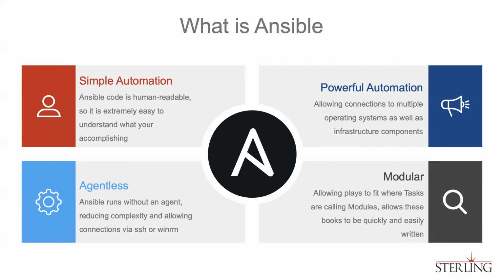Ansible makes it easy by not having an agent and reducing that footprint in terms of solutions running on the machine itself, as well as specific agent ports or things of that nature. By going agentless, you can use simple connections through SSH or WinRM in order to connect to these endpoints.